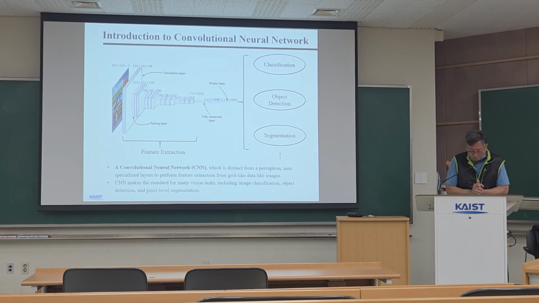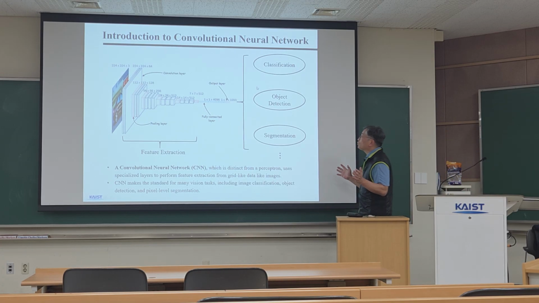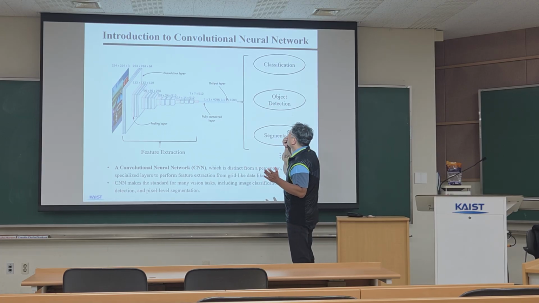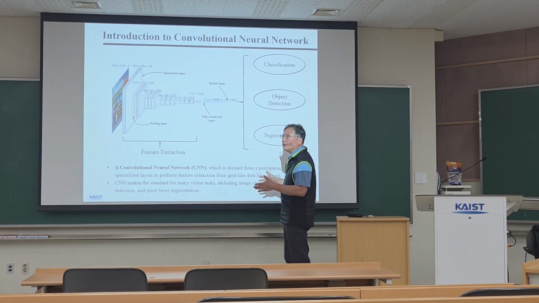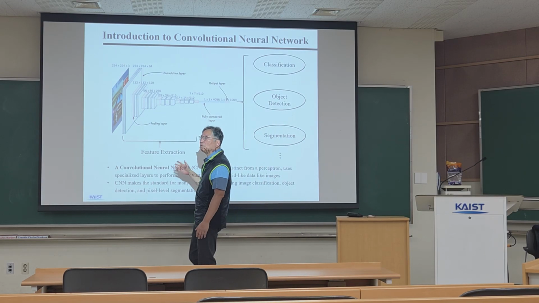Okay? So with this, you could do classification, object detection. It's based on a similar structure. You could do classification, object detection, and segmentation, and lots of other things. But the framework is very, very similar.